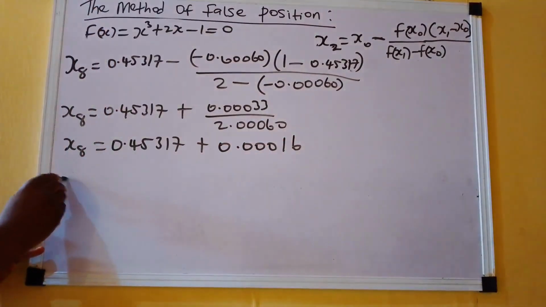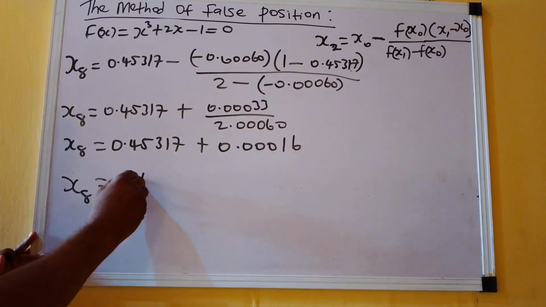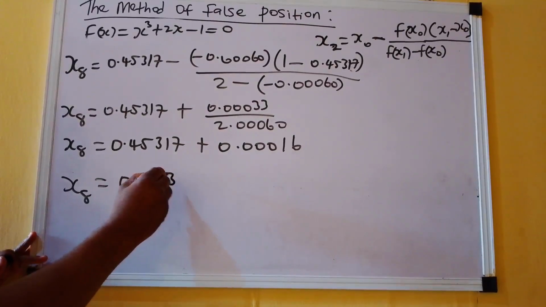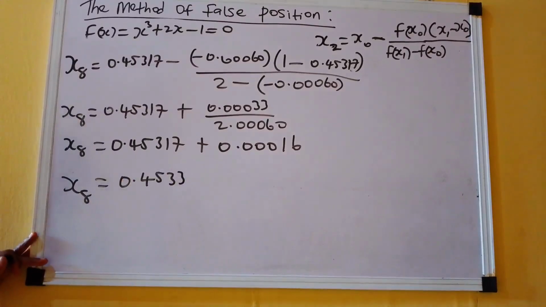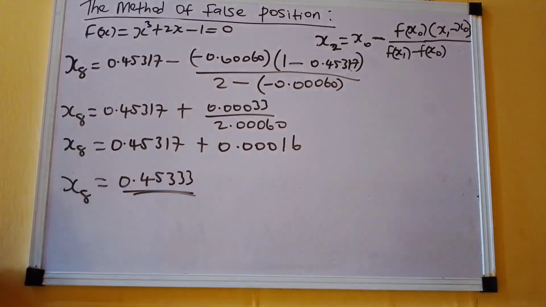When you add that up, our x8 will now be equal to 0.45333. So you can see that our x7 and x8 have the same values at 3 decimal places.